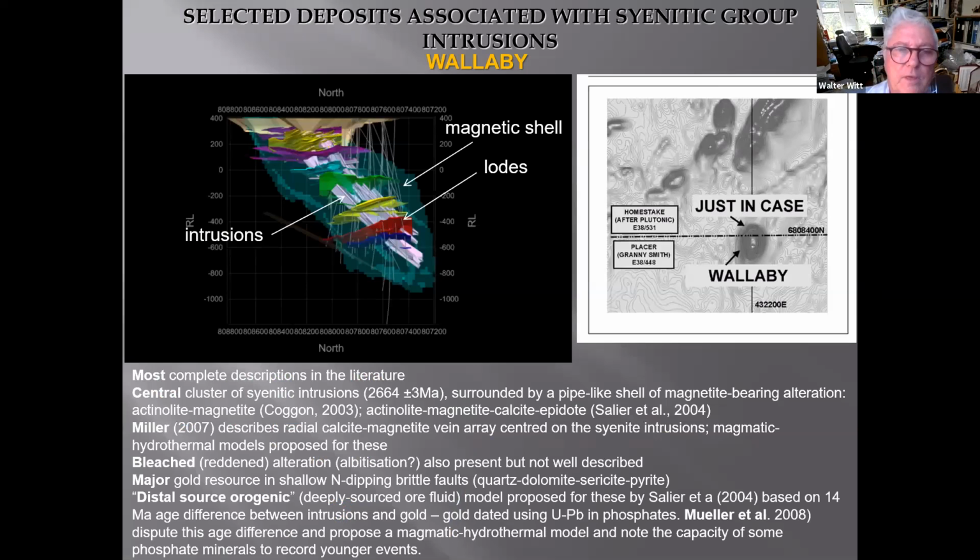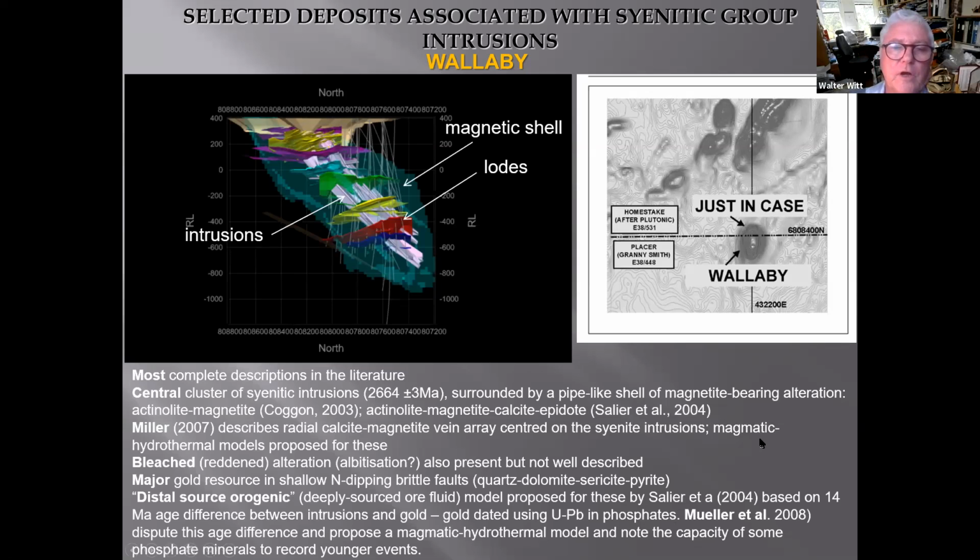Here's Wallaby, which is obviously the most completely described deposit in the literature. It comprises a central cluster of syenitic intrusions dated at 2664 million years and surrounded by a pipe-like shell of magnetite-bearing alteration, actinolite magnetite or actinolite magnetite calcite epidote, depending on whose publication you read.